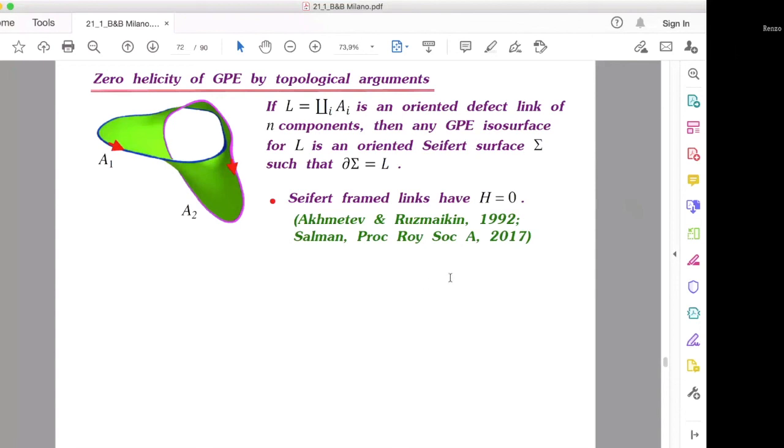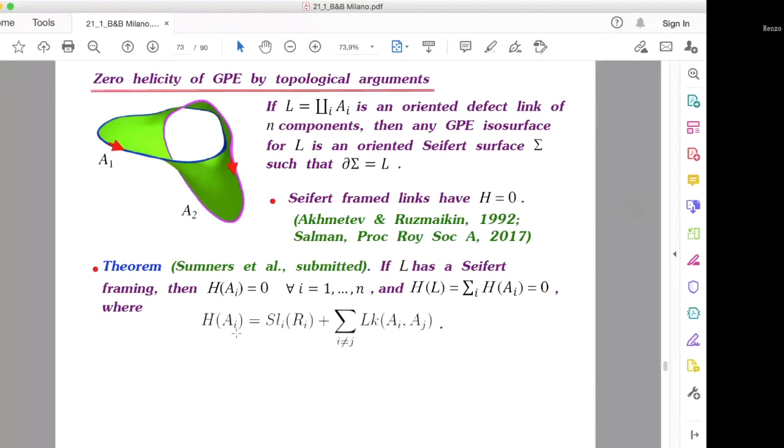If L has a Seifert framing, then the helicity of the whole system is 0, where the helicity of each component is given by the self-linking number plus the linking of this component A_i with the other component A_j, and the Seifert framing is conserved under antiparallel reconnection.